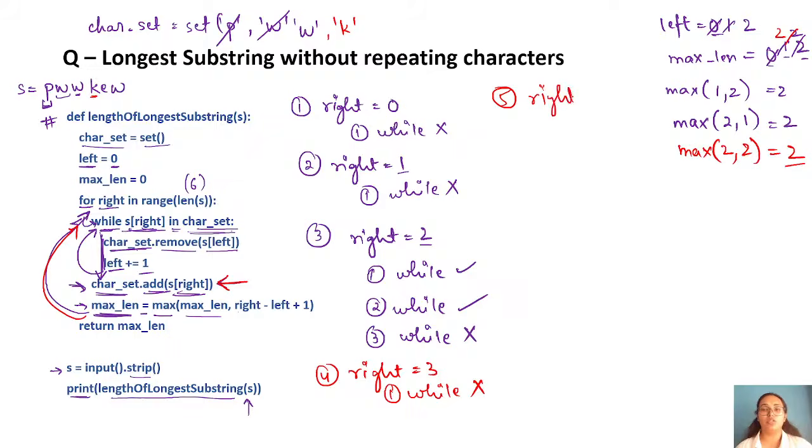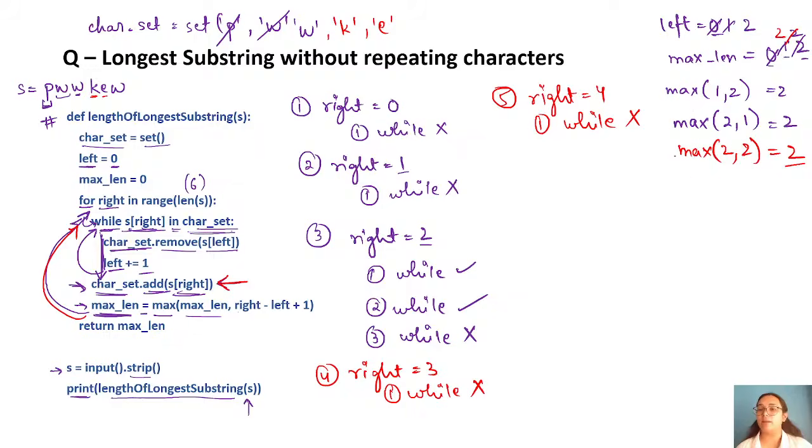Now we'll move to the next for loop, that is the fifth for loop, where my right will move to the new character, that is s of 4. So again, we are going to check the while loop. Is my e present in char set? No, it is not present. So because it is not present, no need for the while loop. We can simply add my e inside it, right?